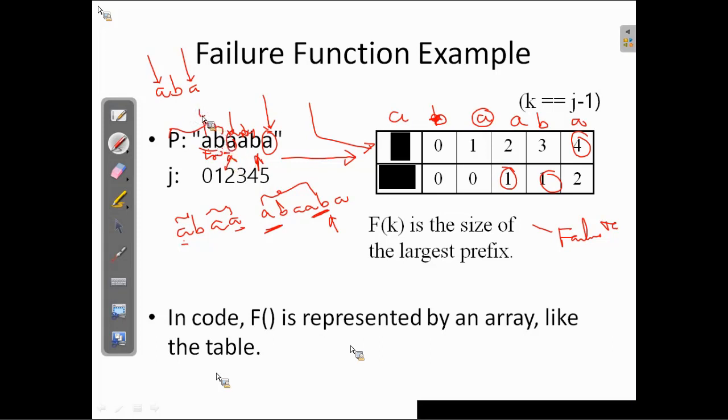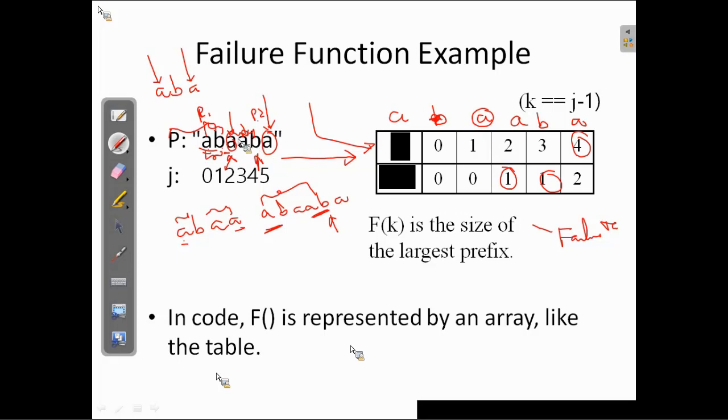For doing that, you can use, as somebody suggested, 2 pointers, pointer P1 and pointer P2. Go from that position backward and say, is this equal? Is this equal? Keep count. The moment it is unequal, take the count and put it here.